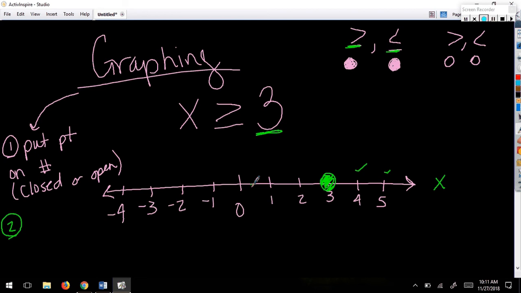Now my question is, which way should the arrow go? To the right, because x is greater than that.